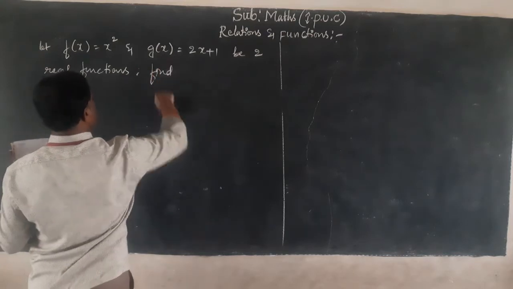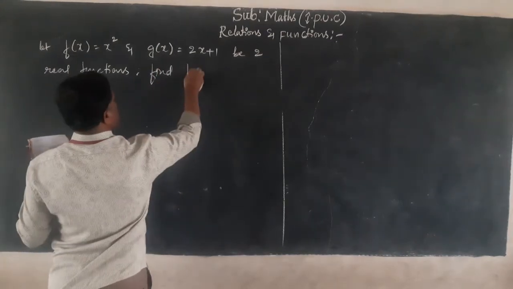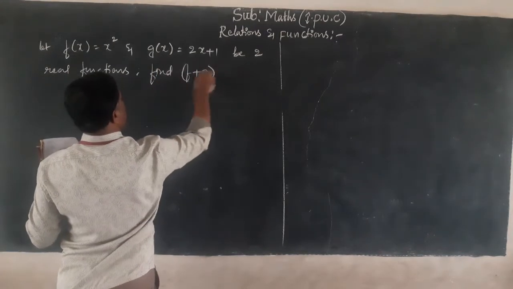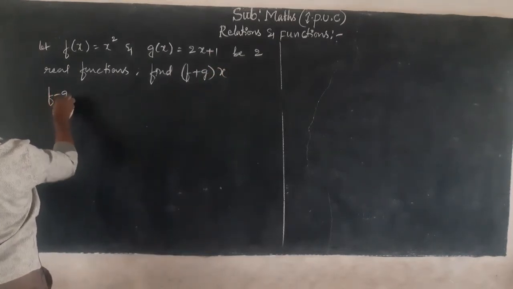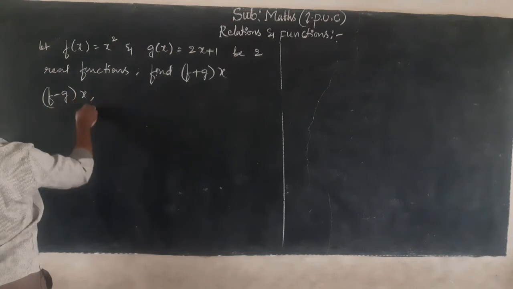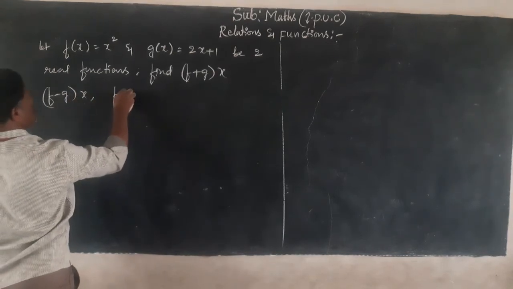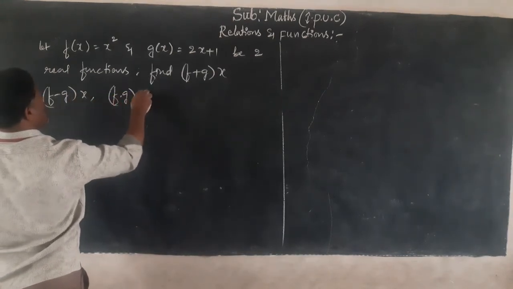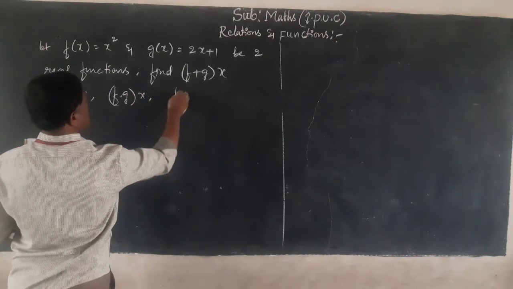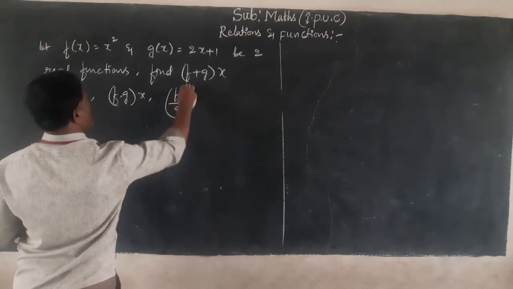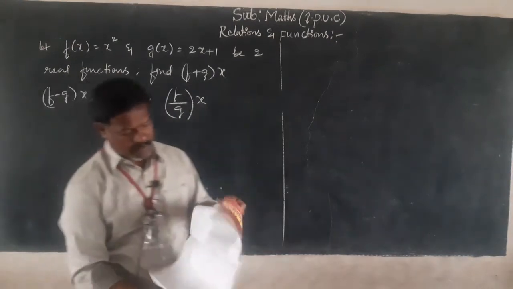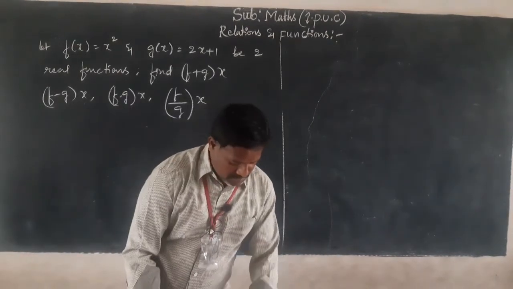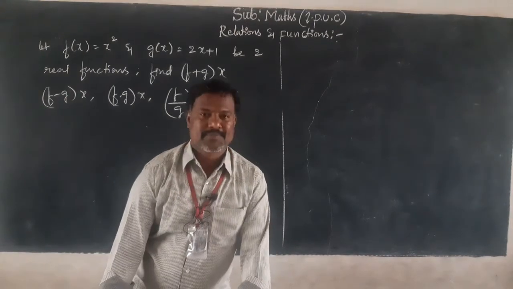Find f plus g of x, f minus g of x, f into g of x, f by g of x. Here I have taken a very simple problem.